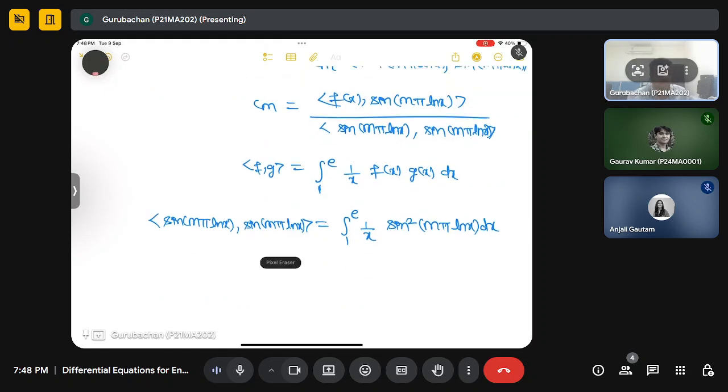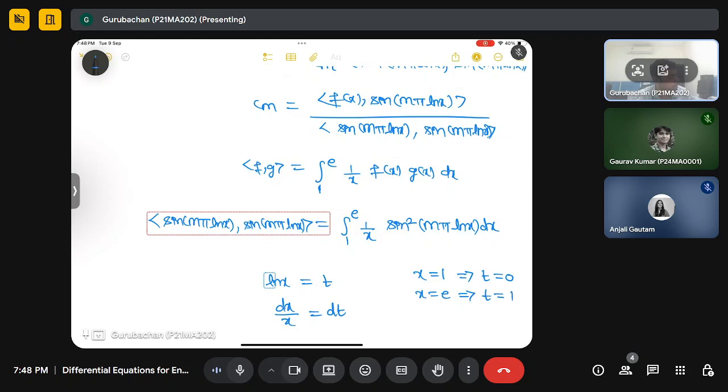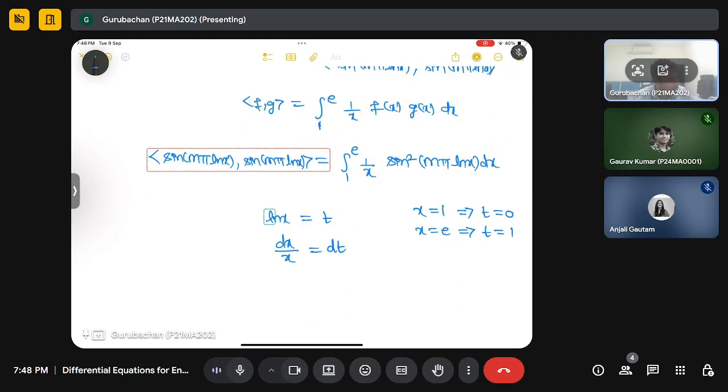You will substitute ln x as t, and dx by x will be dt. When x is 1, t will be 0. When x is e, t will be 1. So the integral will transform to the integral from 0 to 1 of sin squared(m pi t) dt.